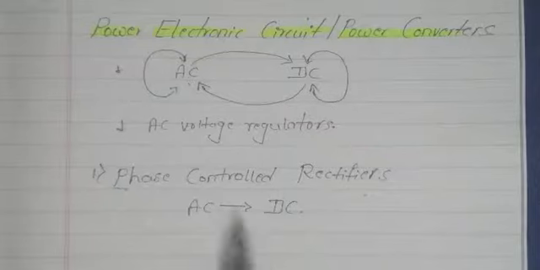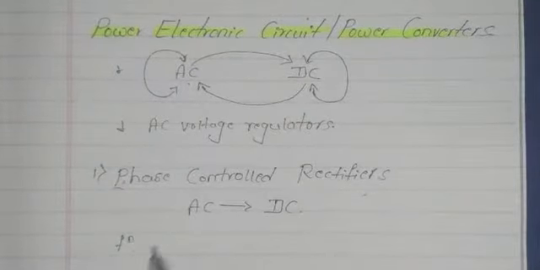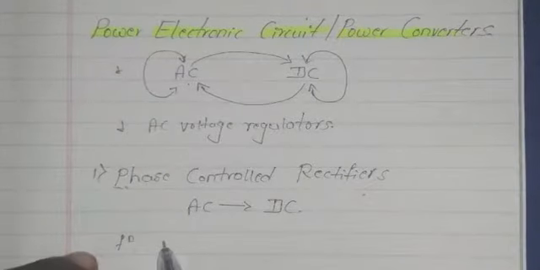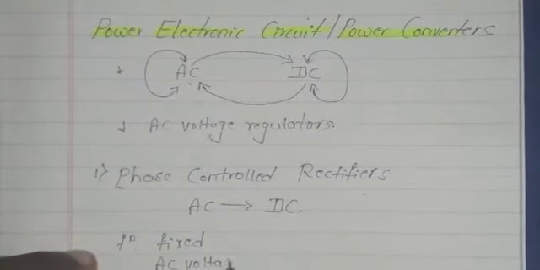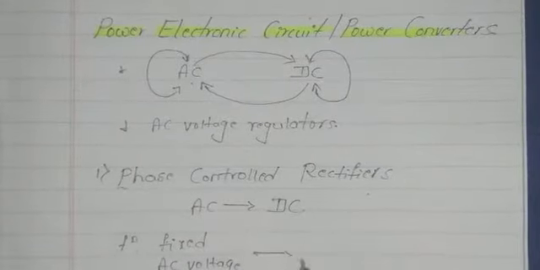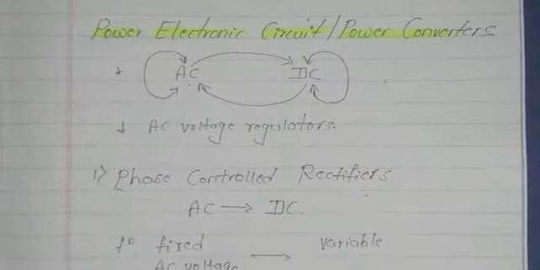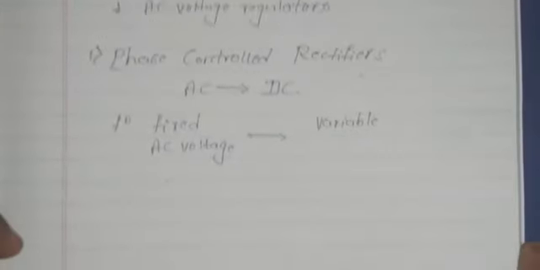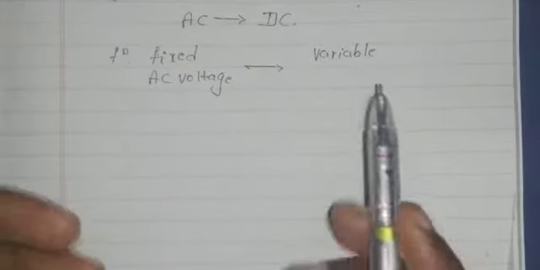The main function of this phase controlled rectifier is that it converts fixed AC voltage to variable DC voltage. It means we can get any voltage, like 5 volt, or if we design it for 6 volt or 12 volt, any voltage we can get.